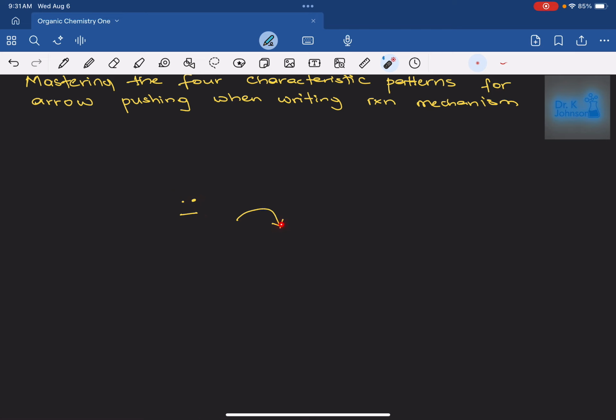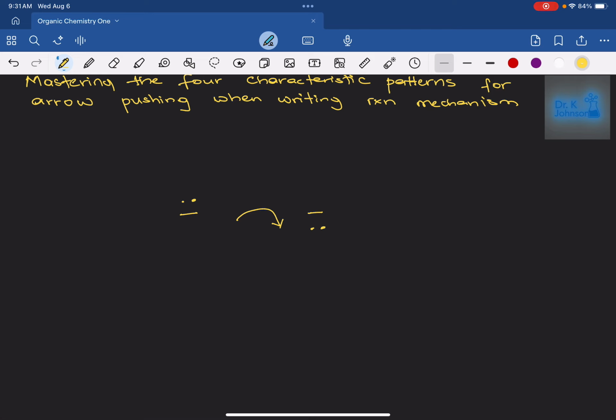The head of your curved arrow must be placed so that it shows the formation of a bond or the formation of a lone pair. Okay, so please remember those things about the tail and about the head.